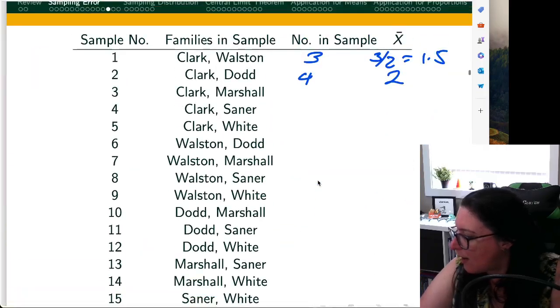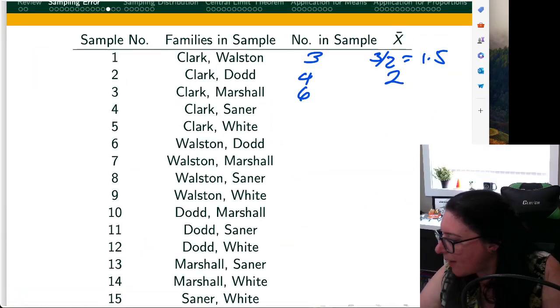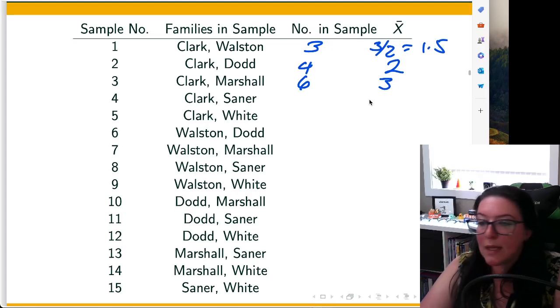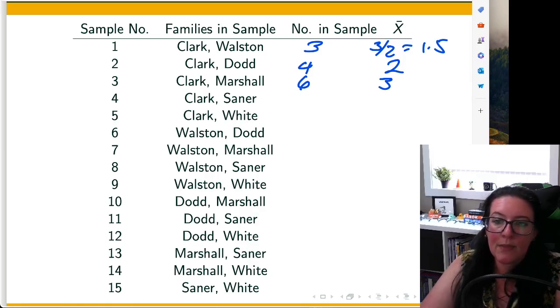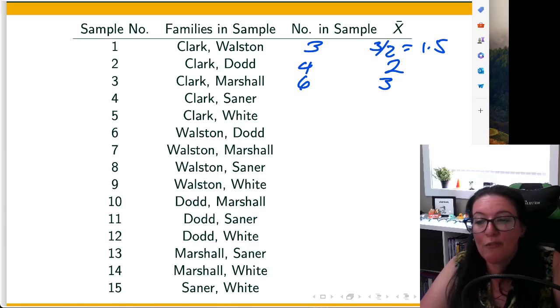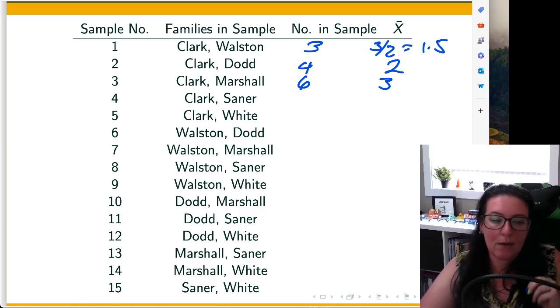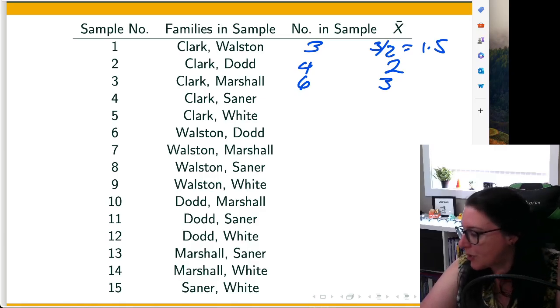That's a total of 6. 6 divided by 2 gives us an average of 3. And so we could keep going and populating this entire table, looking at the sample statistic for all 15 different possible samples that could be taken from this population.